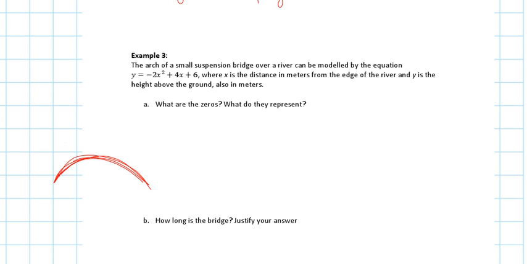So take the greatest common factor out. It's -2 because your A value is -2. So I'm going to divide by -2, and that gives me x² - 2x - 3. Then I'm looking at sum and product.